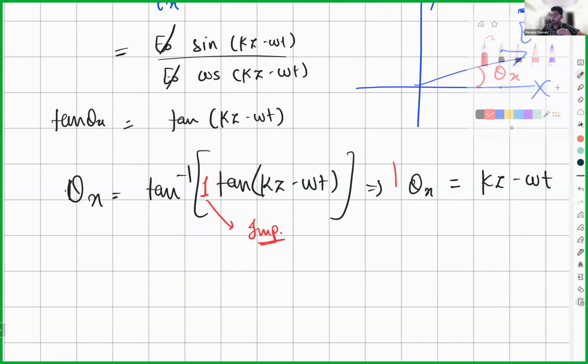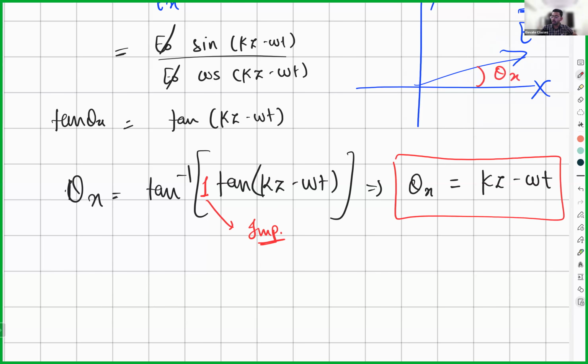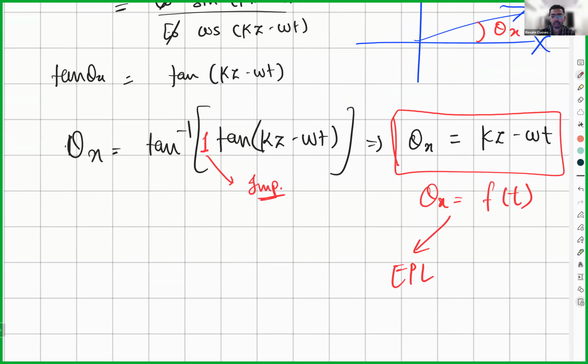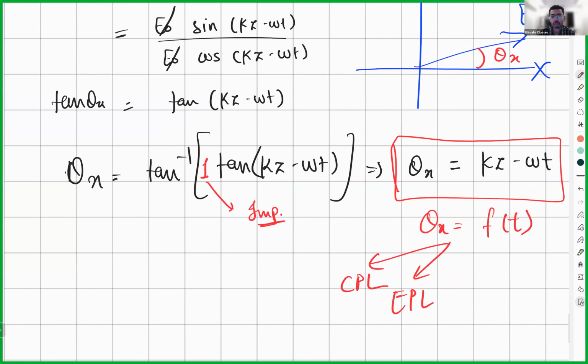So you see this theta x is a function of time. This will happen for both elliptically polarized light as well as circularly polarized light. The reason is that here the angle made with respect to the x-axis of the electric field will not be constant.